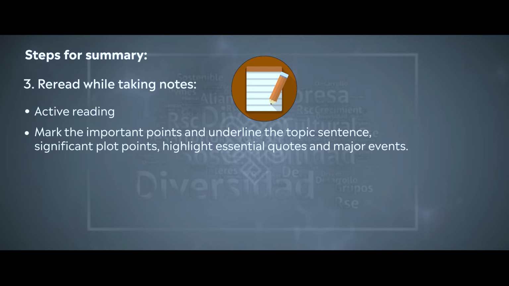You also have to underline the significant plot points of the story. And you have to highlight essential quotes and major events that you see in the text. So you are reading it very actively, keeping everything in mind. So in other words, I would say mindful reading takes place in the third step.